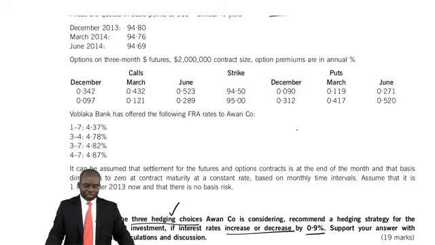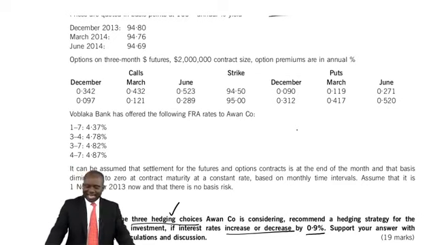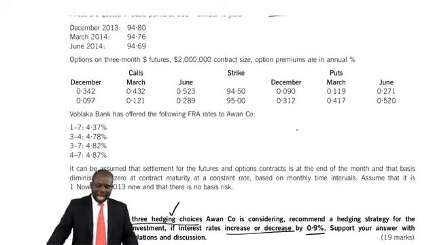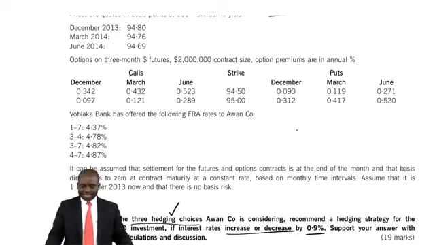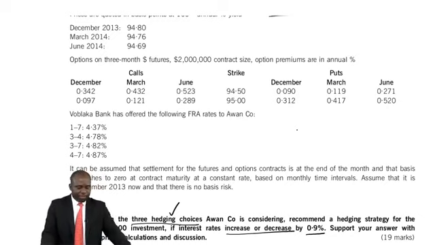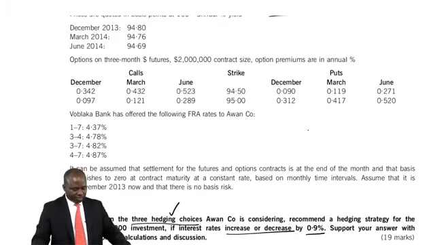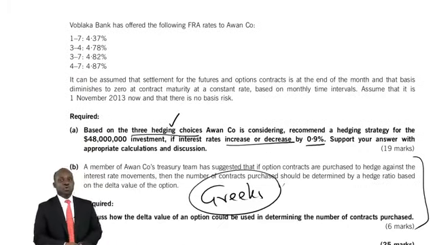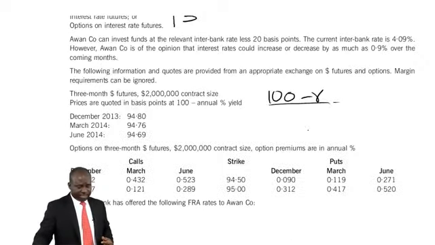It can be assumed that settlement for the futures and option contracts is at the end of the month, and that basis diminishes to 0 at contract maturity at a constant rate based on monthly time intervals. Assume that it is 1st November 2013 now, and that there is no basis risk. The 3 hedging strategies we would have to think of are what is given in here.